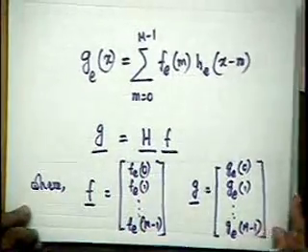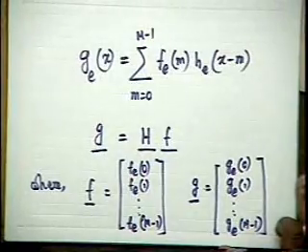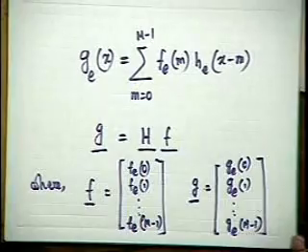Now we can write, because F and G are both of dimension capital M by 1, they are vectors. What is going to be the dimension of capital H? H has to be an M by M matrix.